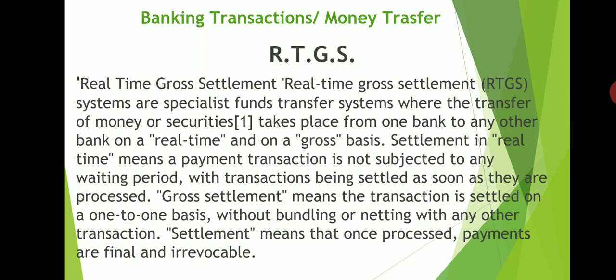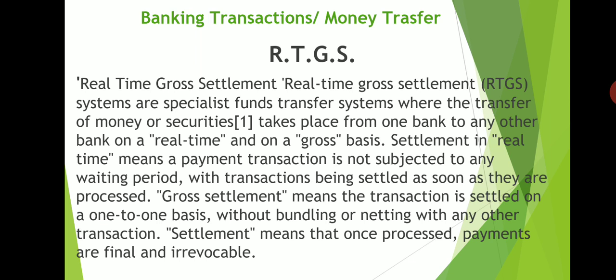Now let's discuss it. In RTGS, it is a system where the transfer of money or securities takes place from one bank to another bank on a real time and on a gross basis. So if I'm going to transfer my money at 12 a.m., then it is directly transferred to another bank at the same time.